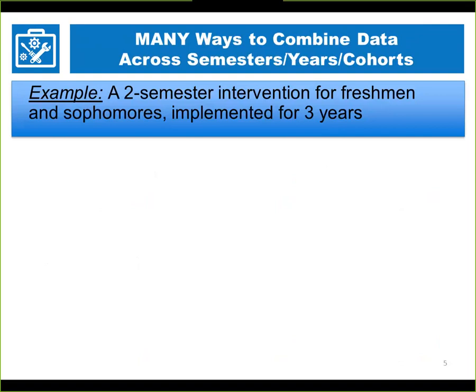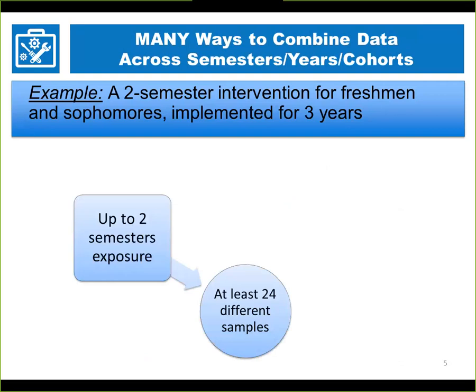Data from this evaluation could be used to form at least 24 different samples to examine program impacts by exposure level for up to 2 semesters of exposure, grade level for up to 2 grade levels, and time up to 6 semesters since the start of the intervention.